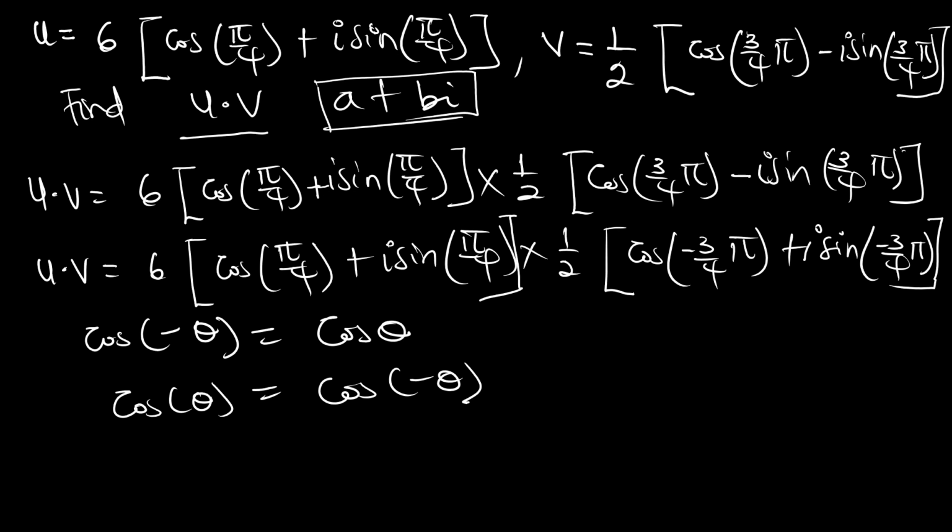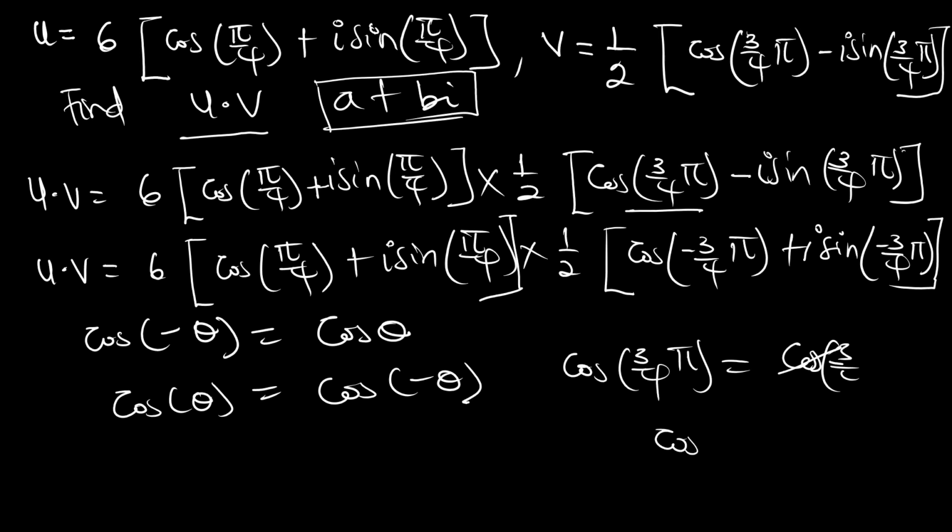In this case, here I had cos positive 3 over 4 pi, so I can rewrite it as cos negative 3 over 4 pi. So that's exactly what I did here. Cos 3 over 4 pi is the same as cos negative 3 over 4 pi.